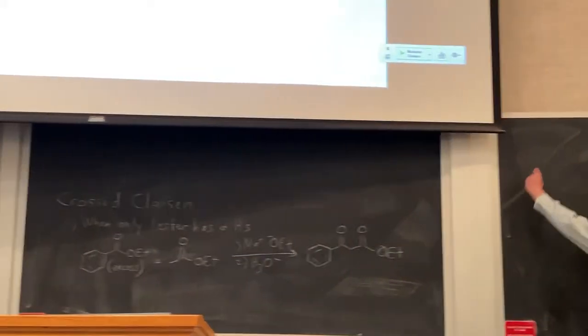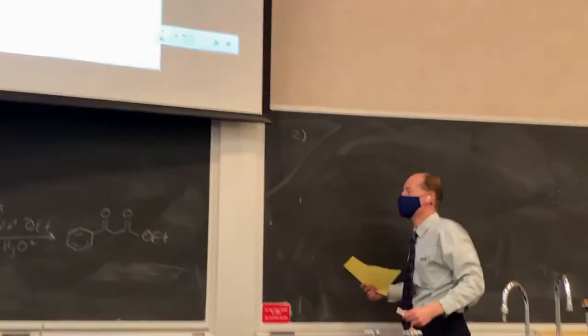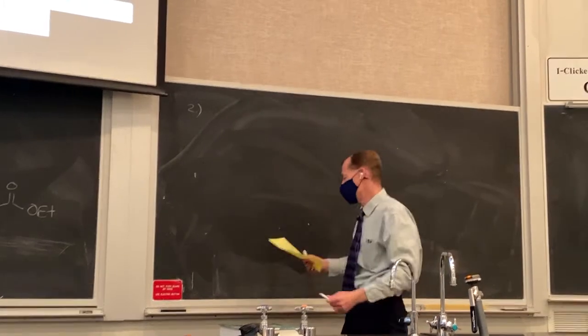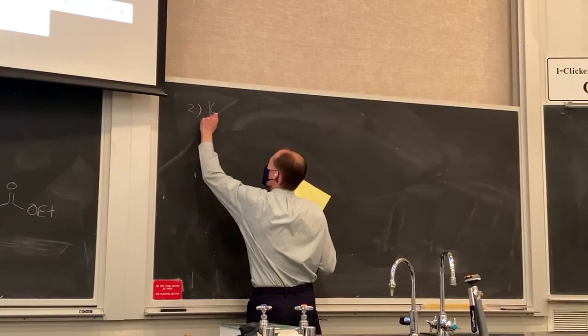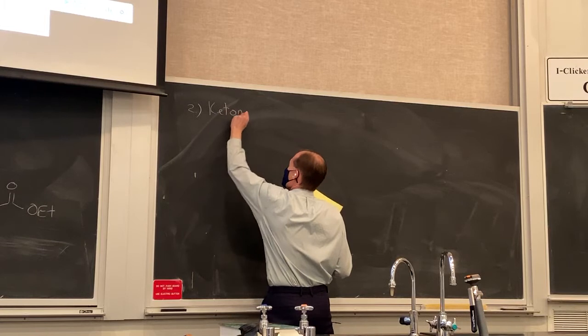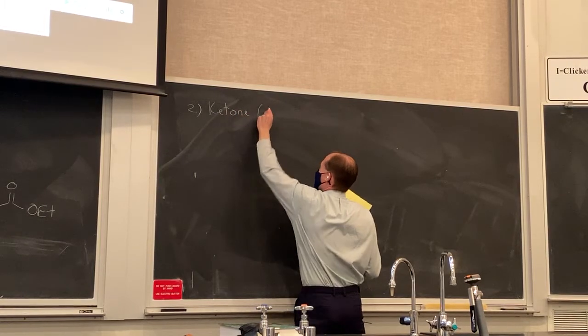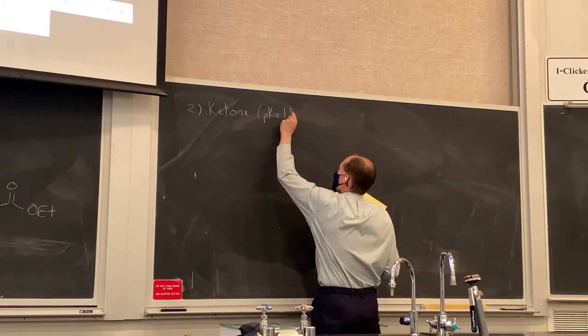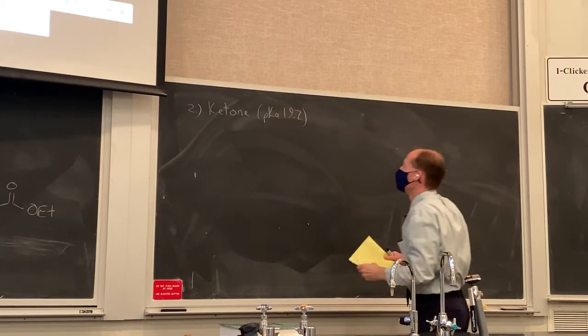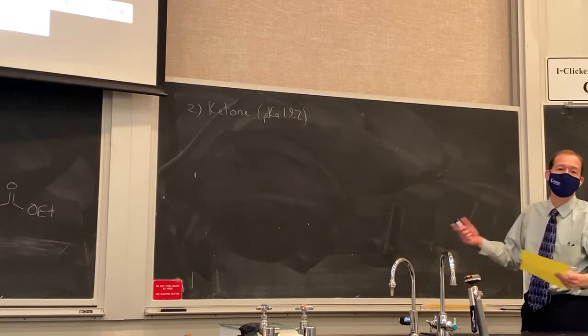And then our second type of cross-Claisen reaction that is useful is going to be one involving a ketone and an ester. So the standard pKa value that your book gives for a ketone is slightly more than 19.